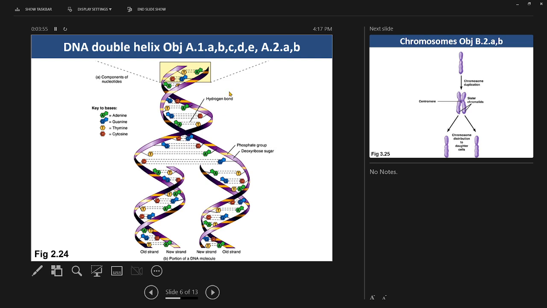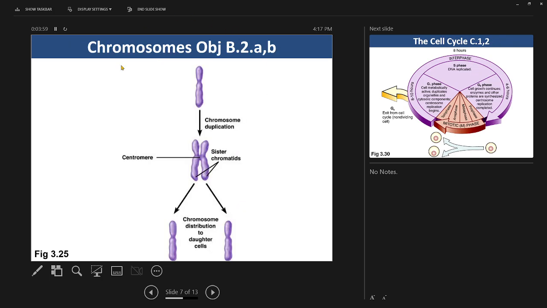Now, in order to do this, we have to copy all of our DNA. So what's interesting about this is our chromosomes are only X's when the chromosomes are copied. So see, if you look at the left-hand side of the X, it is a mirror image of the right side. Most of the time, chromosomes do not look like X's. They look like capital I's.